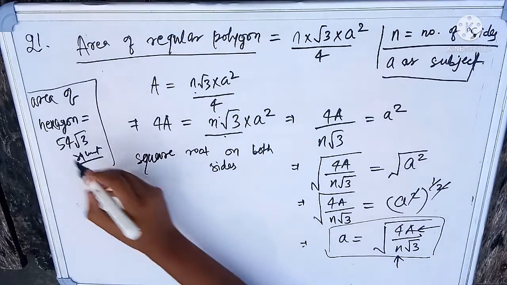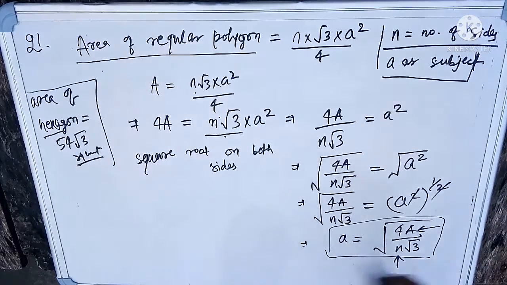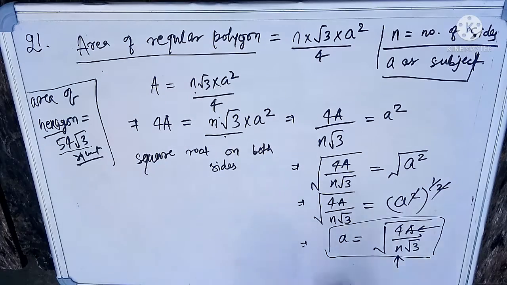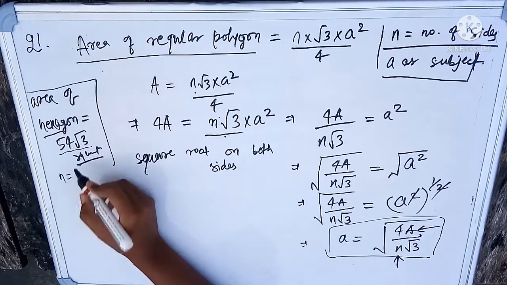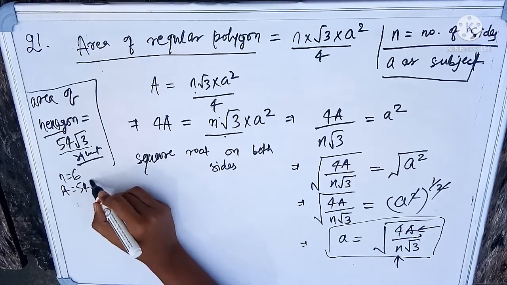So you know that a hexagon is nothing but a polygon having 6 sides. So from here we have n equal to 6 and area equal to 54 root 3.